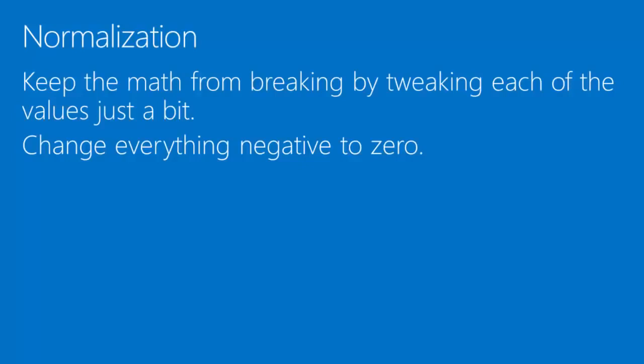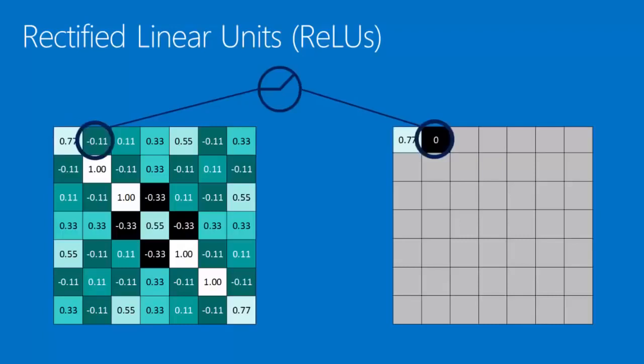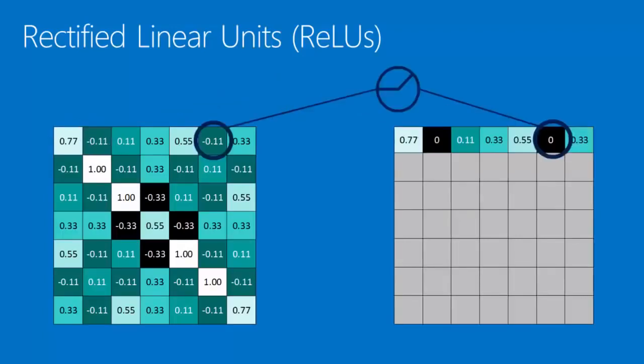All you do here is everywhere in your image that there is a negative value, change it to zero. So for instance, if we're looking back at our filtered image, we have these what are called rectified linear units. That's the little computational unit that does this. But all it does is step through everywhere there's a negative value, change it to zero.